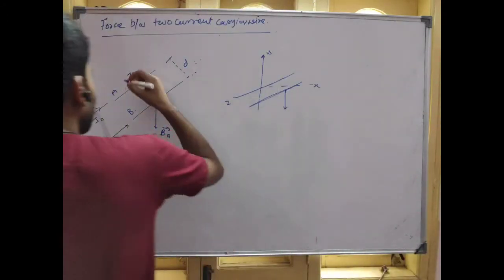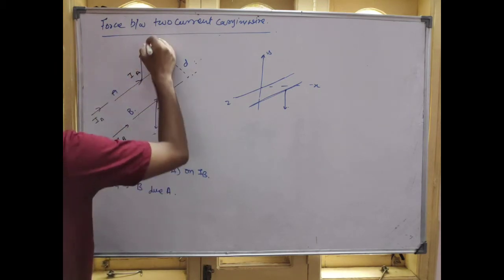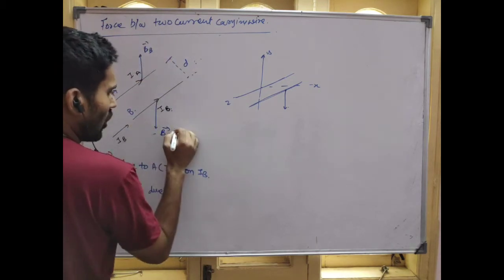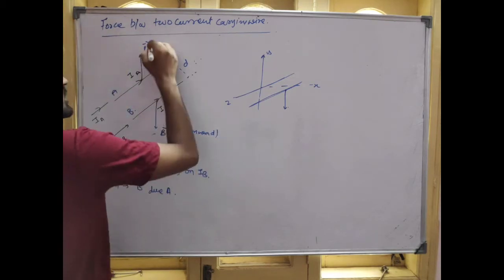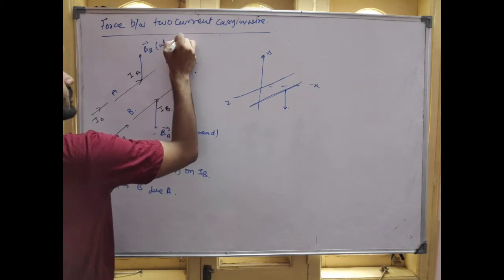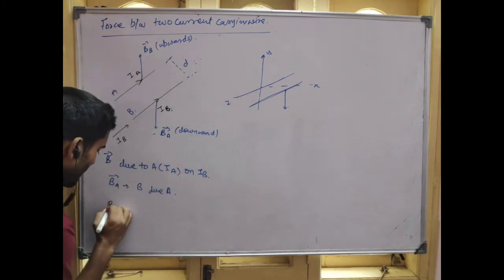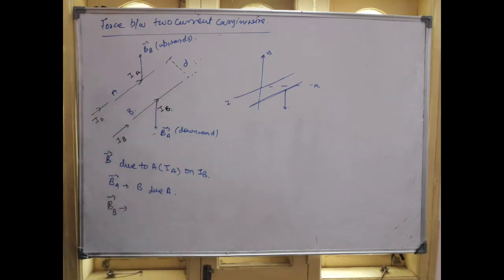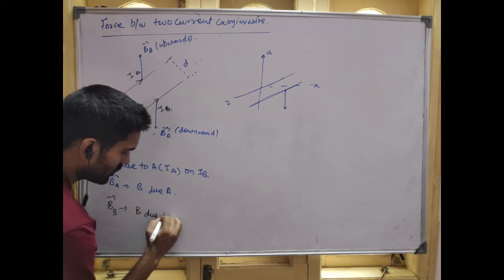So this is BB, the magnetic field due to B. It is upward, and the other is downward. Yes or no, guys? Tell me.